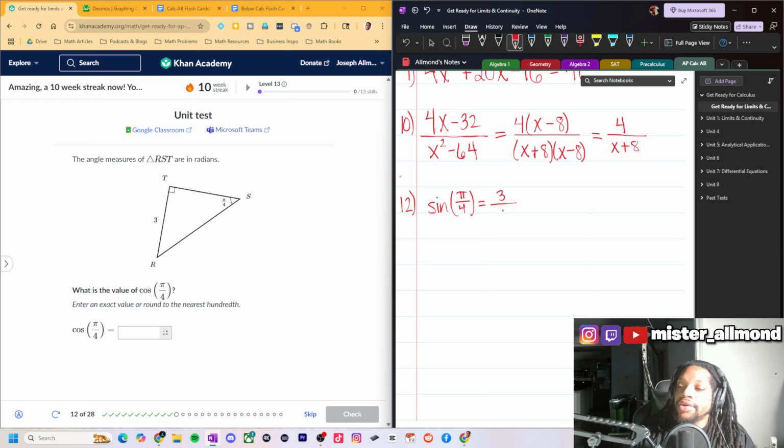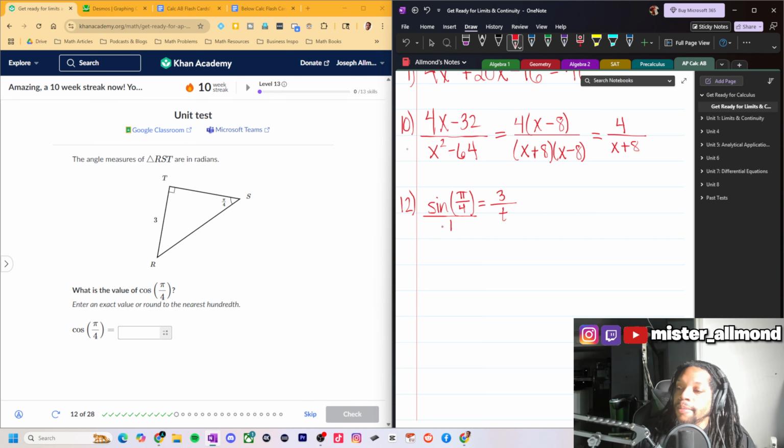I'll call it little t, because usually if capital T is the angle, then the side across from it is the lowercase version of that. Then I'm going to use that to solve for t, which is the hypotenuse. And from there, I can solve for little r.